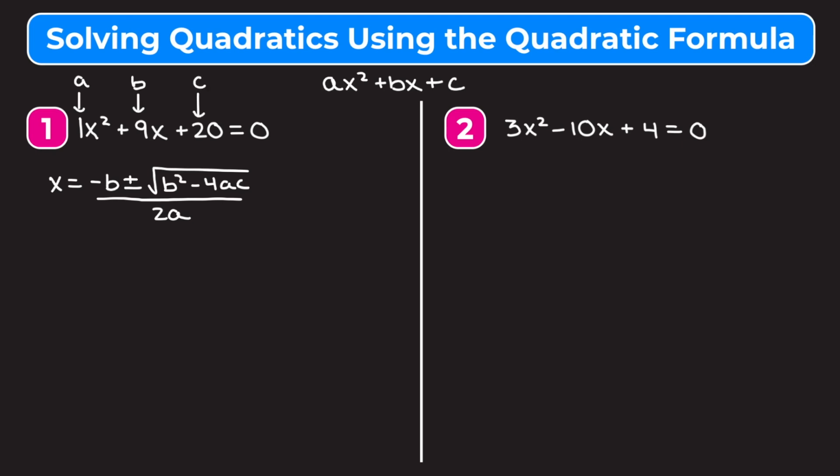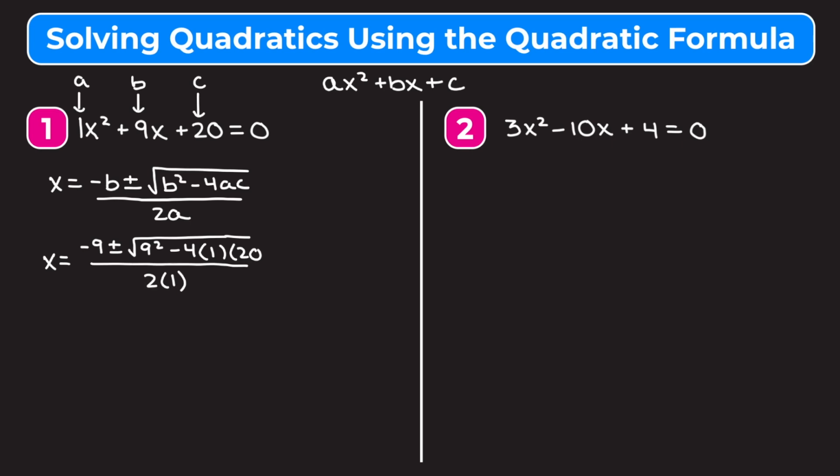So now what I'm going to do is just plug in our values into this formula. So I have x is equal to negative b, so our b is 9, so I'm going to put negative 9, plus or minus the square root of b squared, so 9 squared, minus 4 times our a value of 1 times our c value of 20, and that is all over 2 times our a value of 1.